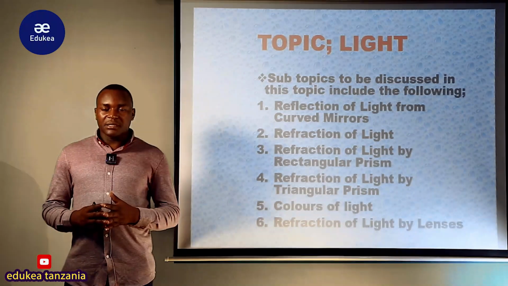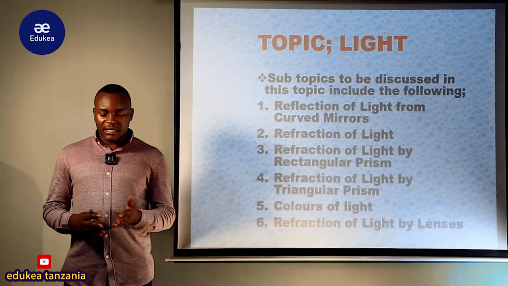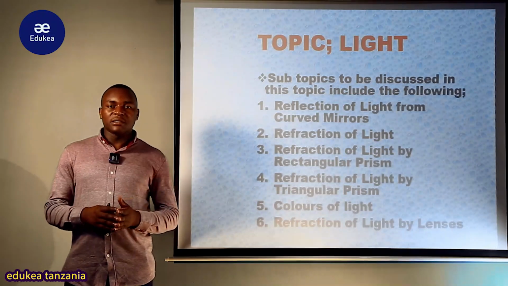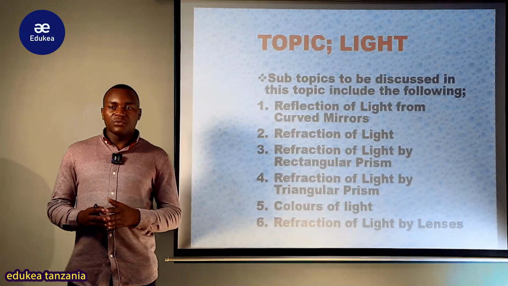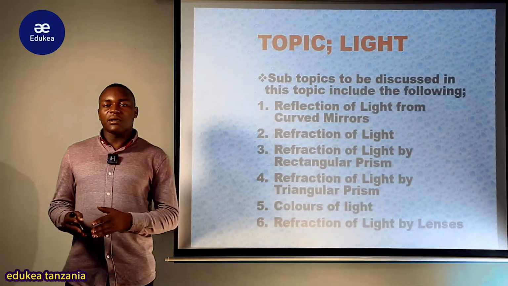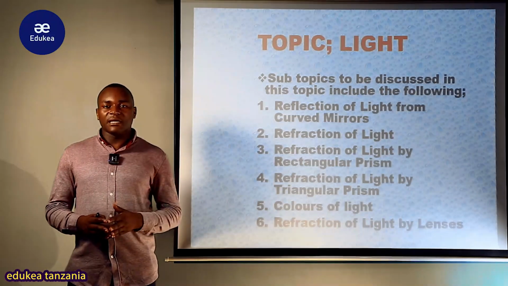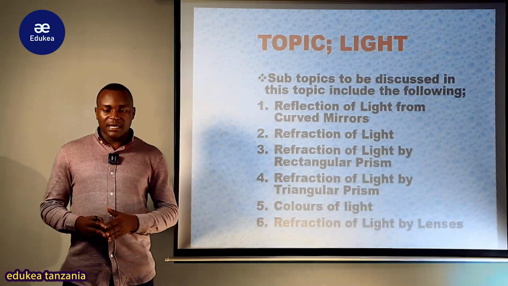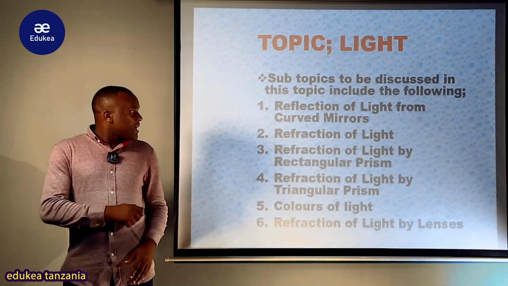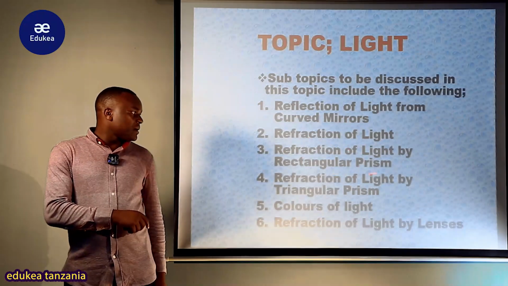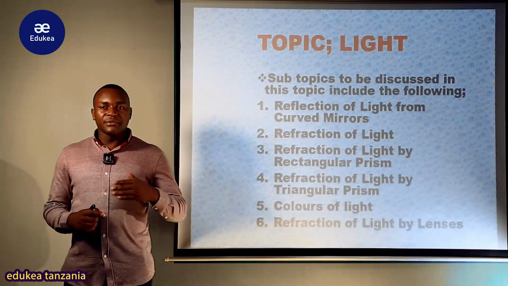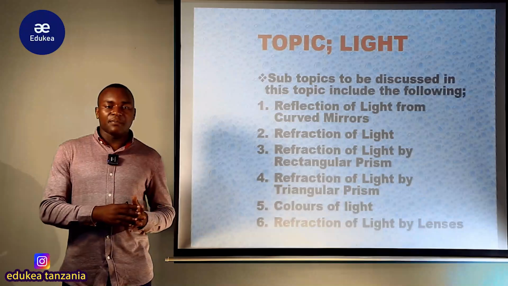Baada ya hapo tuliweza kuangalia katika hii topic how we can indicate the image kwa kutumia ray diagram. Tukaweza kuona tunaweza kulocate vipi the image formed kwa kutumia lens. So baada ya hapo tulijifunza kuhusiana na refraction of light by a rectangular prism, na katika hii tuliangalia kuna aina za prism.